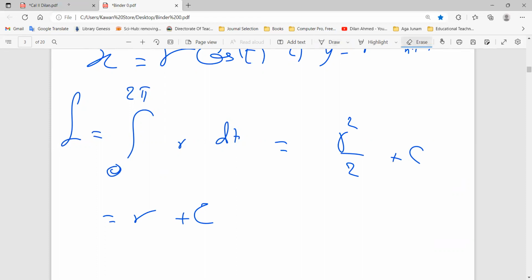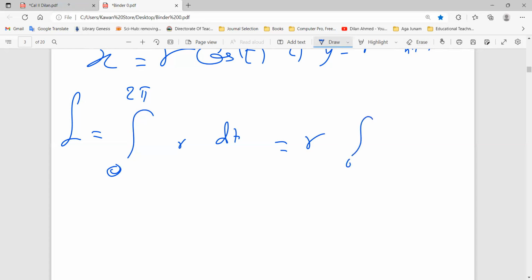R, as mentioned, is a constant. And when you say constant, it remains like a number, so take it out.